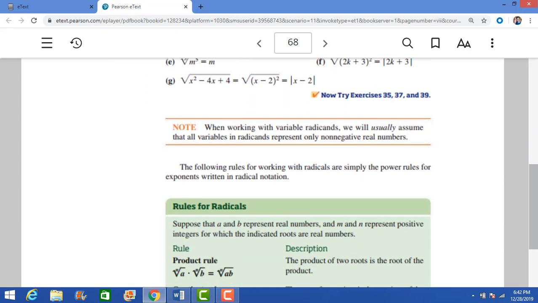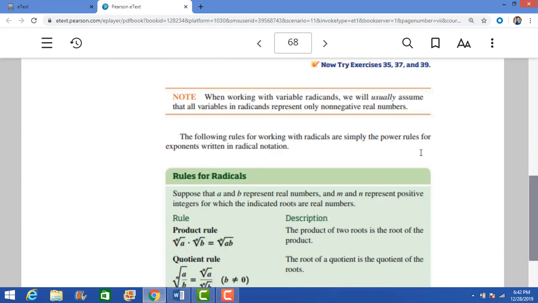Now note, when working with variable radicands, we will usually assume that all variables in the radicands represent only non-negative real values. The following rules for working with radicals are simply the power rules for exponents written in radical notation.